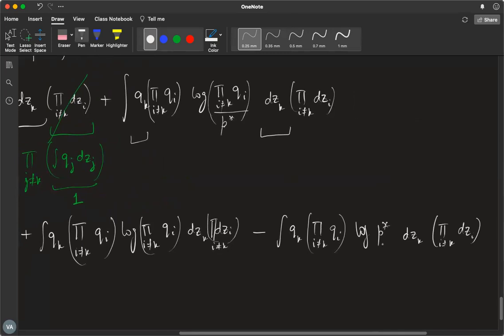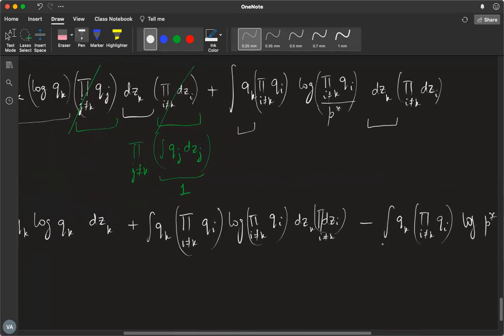Now let's look at these terms. So here we have qk, and these are all qi dzk. Now see, this integral can be split, and you know the integration of qk dzk is simply equal to 1, right?